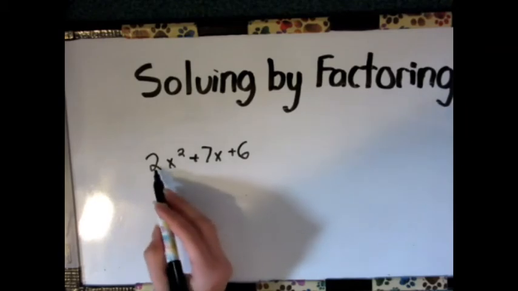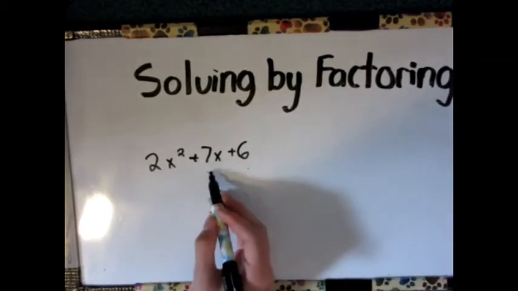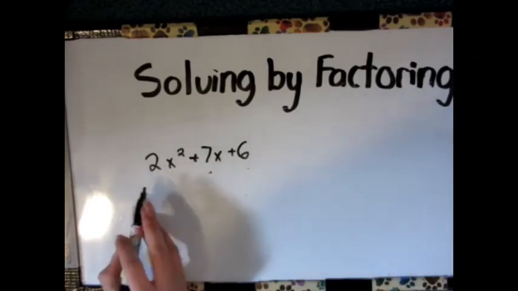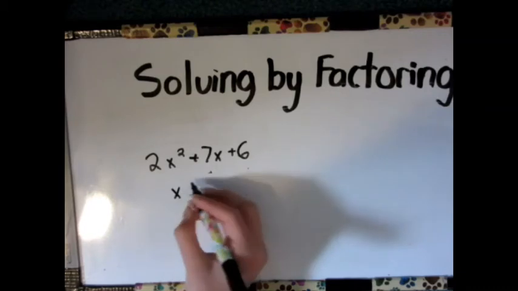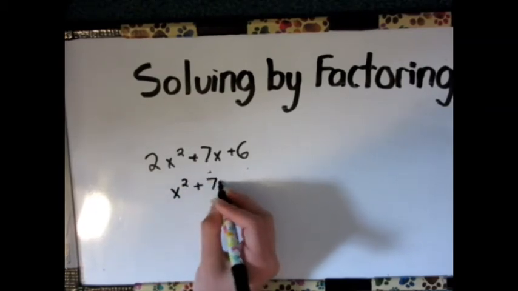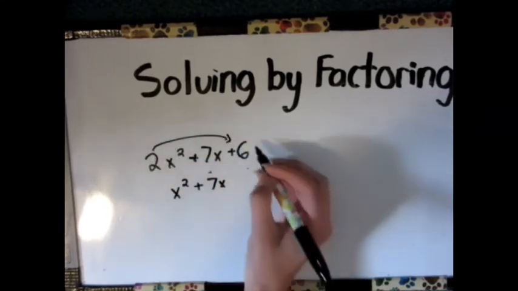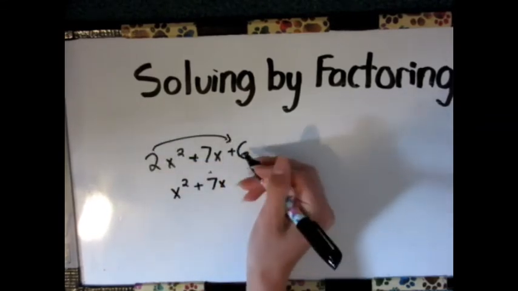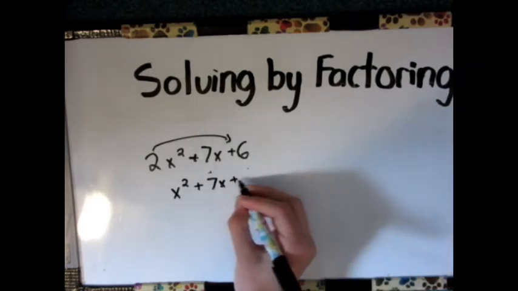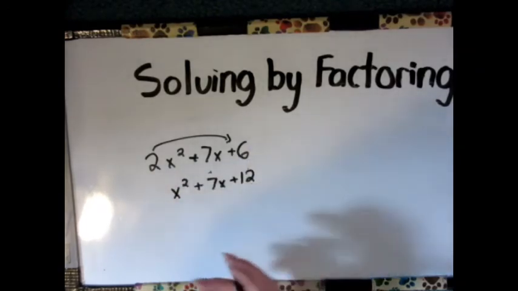You can't use the multiply and add trick if there's a coefficient up here. So with slide and divide, you slide the 2 over to the end and multiply it by the last value. So 2 times 6 is 12.